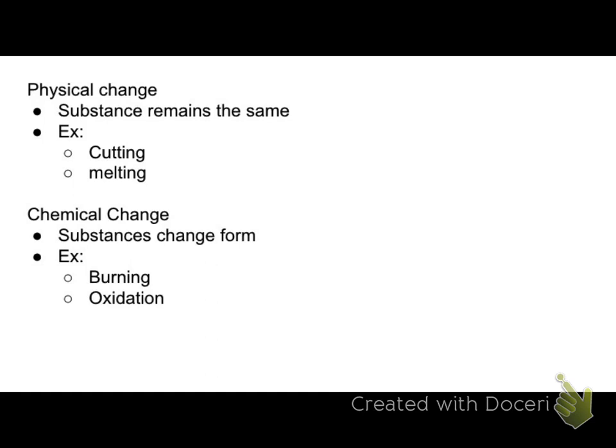A good clue to us is that burning, the ability to burn, is a chemical property, and so when we lit them on fire, the methane would have become likely oxygen and carbon dioxide, which is why it was difficult to see, because methane is colorless and so are carbon dioxide and oxygen. However, you would have noticed if we just left the methane gas running, you would have smelled it, whereas once we burned it up, you wouldn't have anymore.